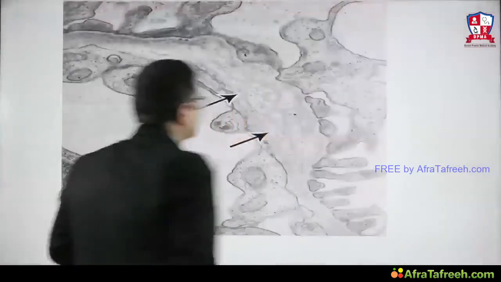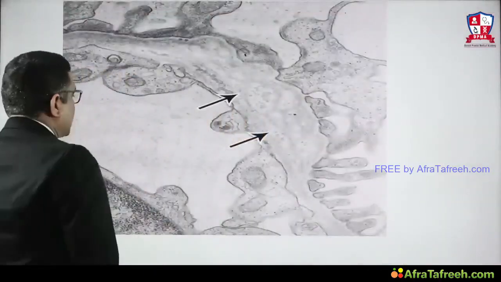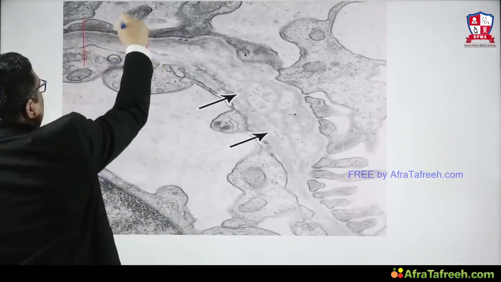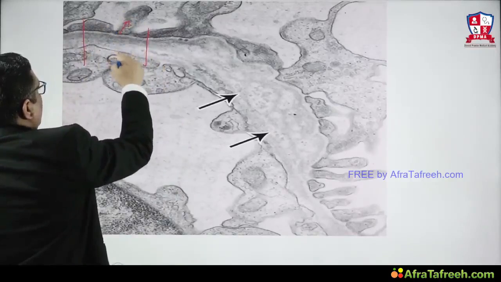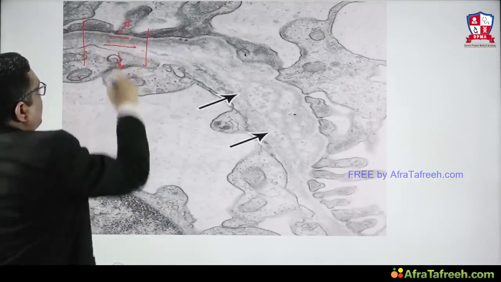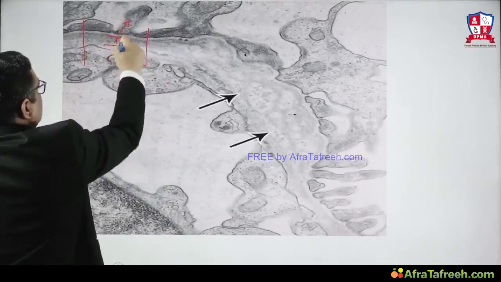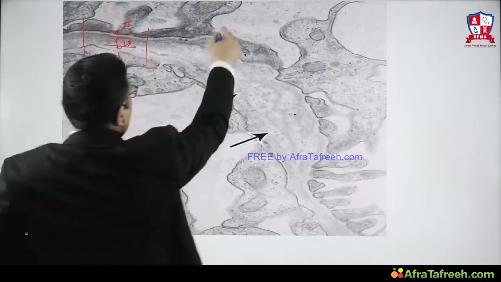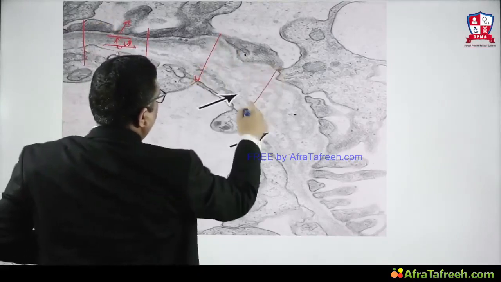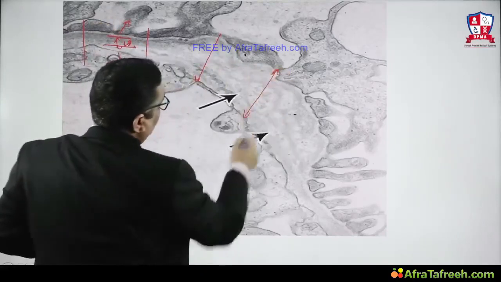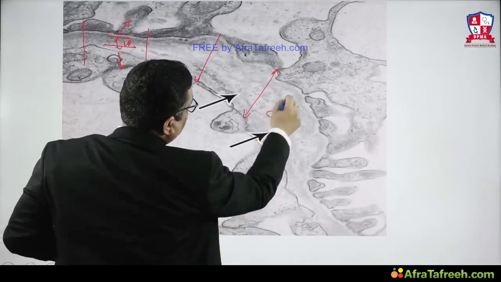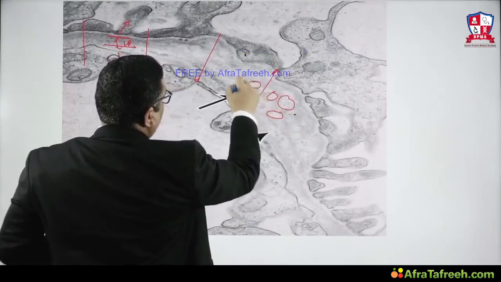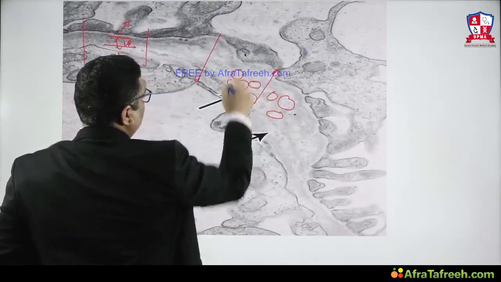So this is the electron microscopy which I wanted to show you. That is what I have told you. This area I am showing you is a normal lamina rara externa, lamina rara interna, and the gray thick band is called lamina densa. Up to this point it was normal, but here you can see irregular thickening and a rupture of the lamina densa, and because of the rupture you can see so many gaps form here because of the irregular laminations by the lamina densa.